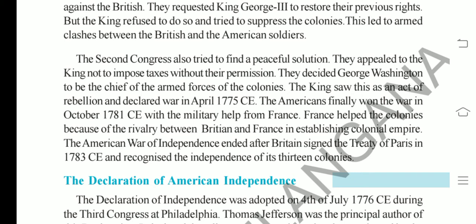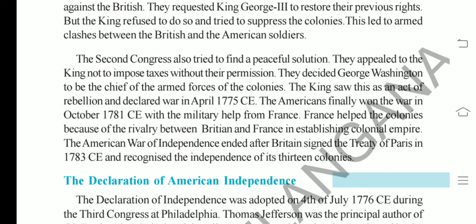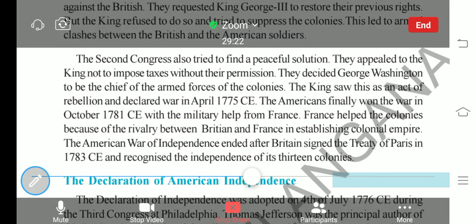With the support of the French army, American forces succeeded in defeating the king, and they got independence in October 1781. So France helped the colonies because of a rivalry.